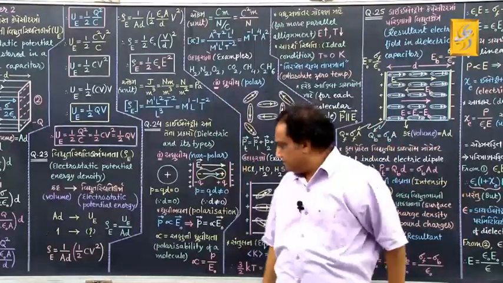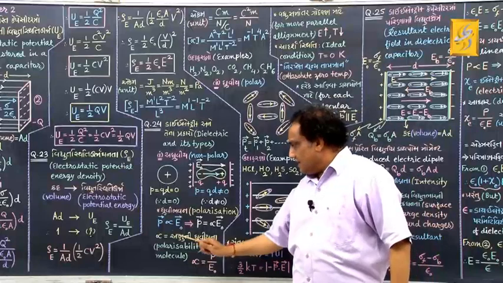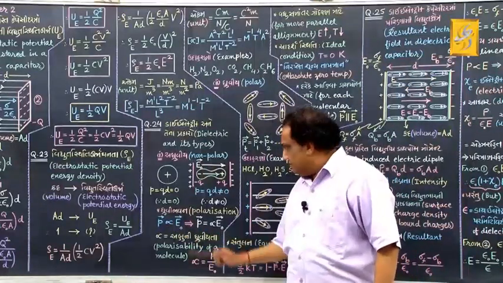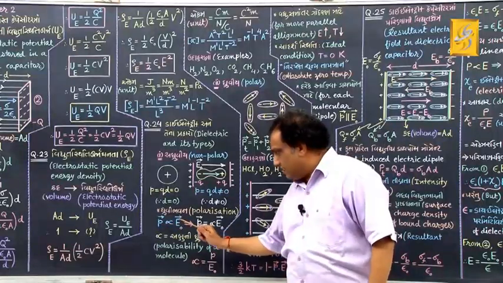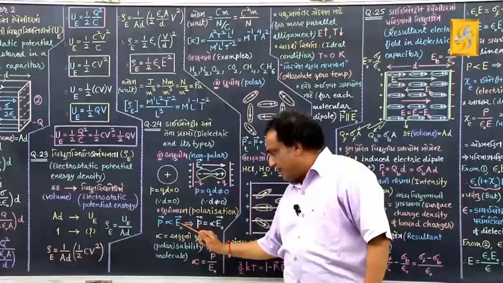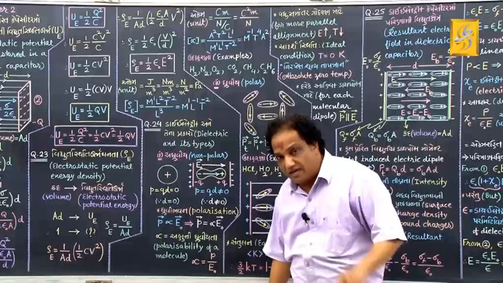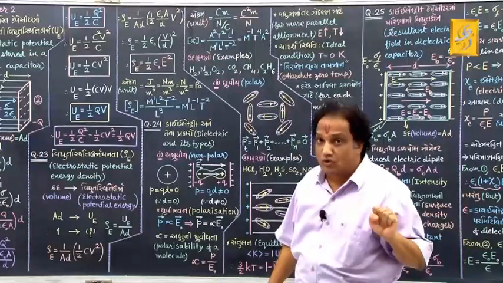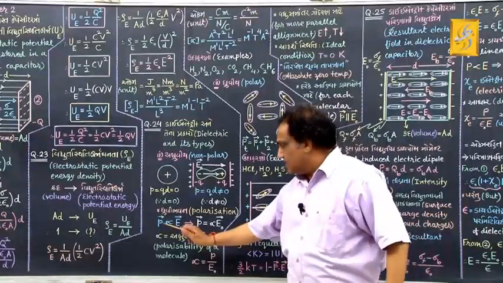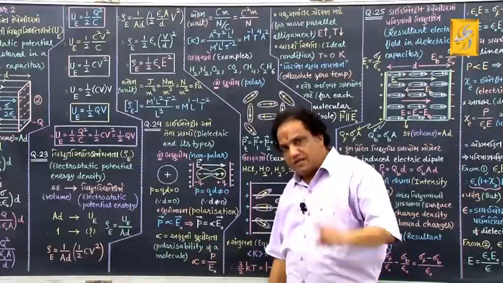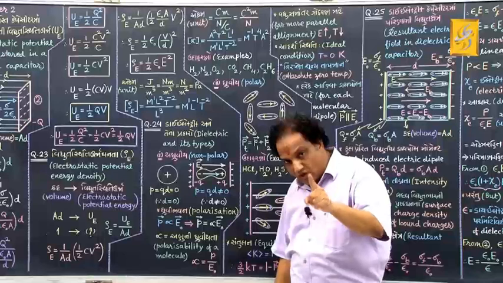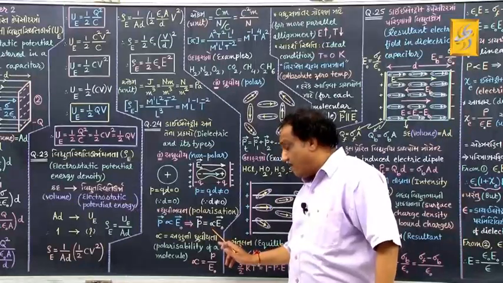Okay, fine. Practically, we find that this induced electric dipole moment is directly proportional to the externally applied electric field if it is not very strong. When this is proportional to this, why don't you remove this sign of proportionality? Then we have to place a proportionality constant as alpha.